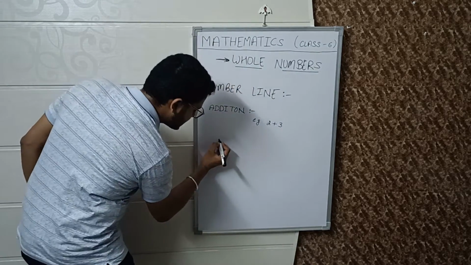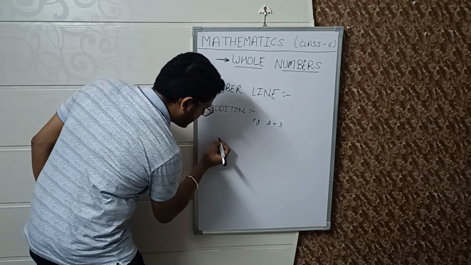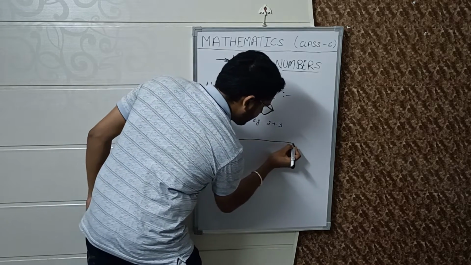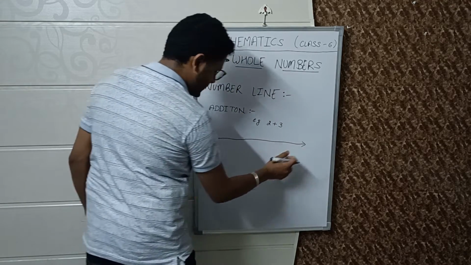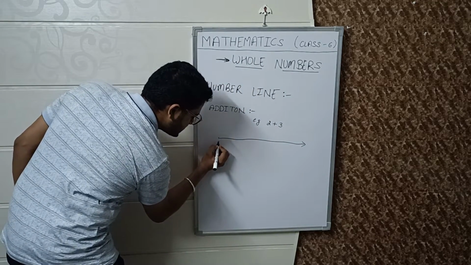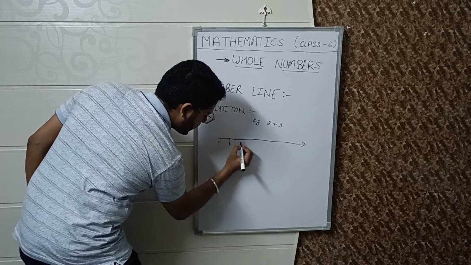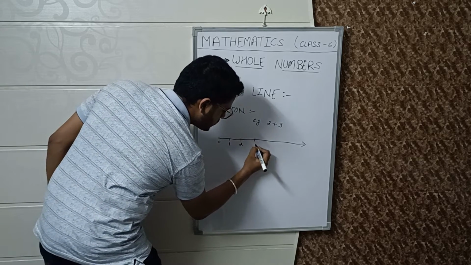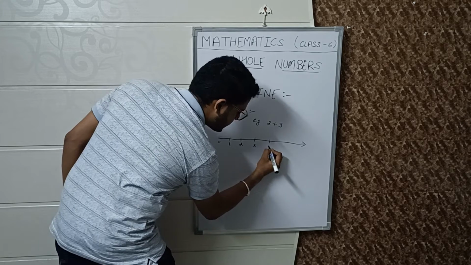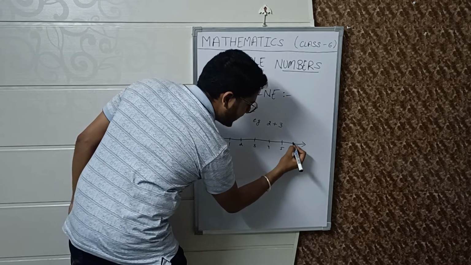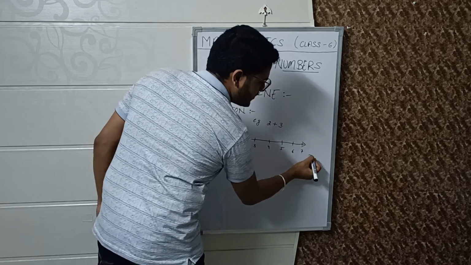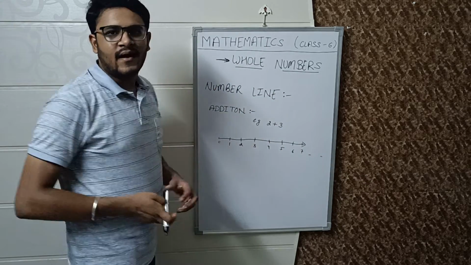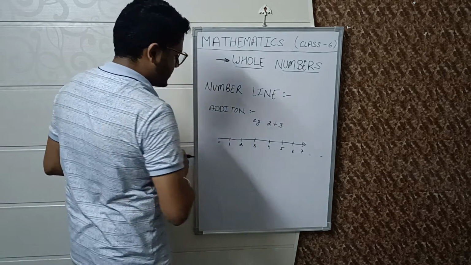So now we will first draw a number line like this, with an arrow at the right. We will start with 0, 1, 2, 3, 4, 5, 6, 7 and so on. You can draw up to n number of times, right?